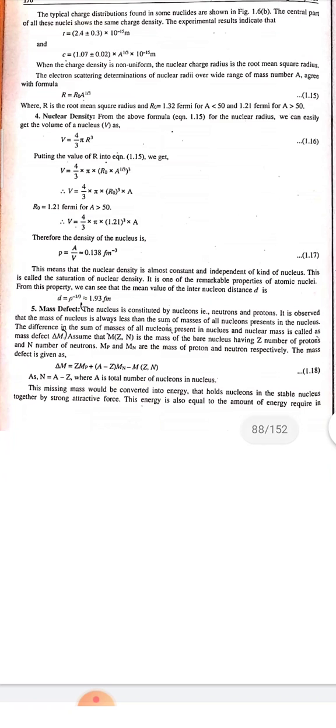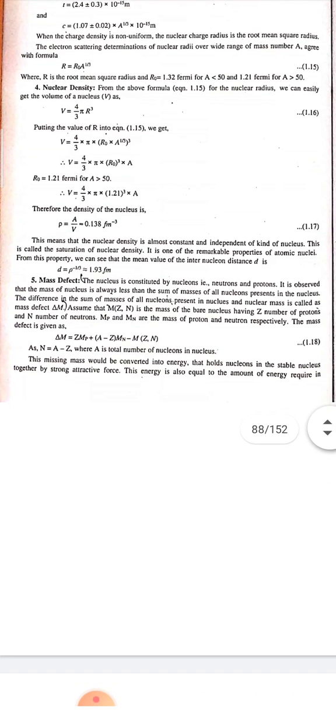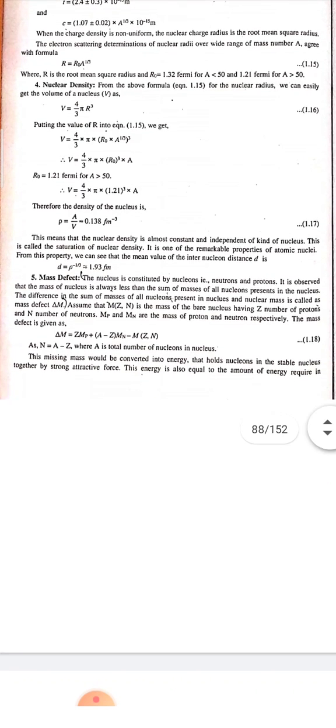Mass defect, here you can see, delta m is nothing but Z mp plus (A minus Z) mn minus M, where M is the mass of the bare nucleus having Z number of protons and N number of neutrons. mp and mn are the mass of the proton and the neutron respectively.